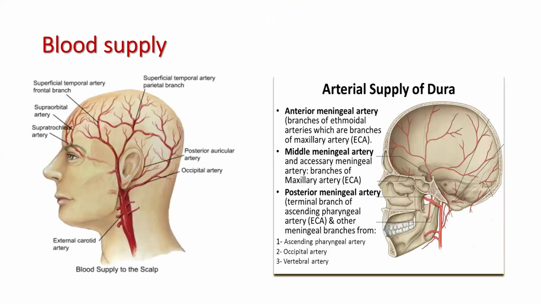So talking about the blood supply, we'll talk about the blood supply to the scalp, and also the blood supply to the inside of the dura. The scalp mainly derives its blood supply from the external carotid artery, which gives rise to the different arteries that supply the scalp.